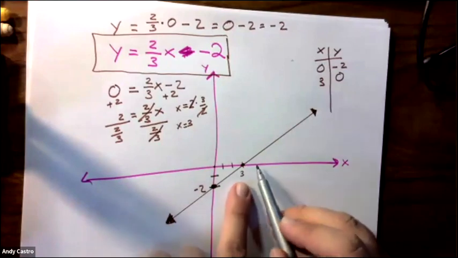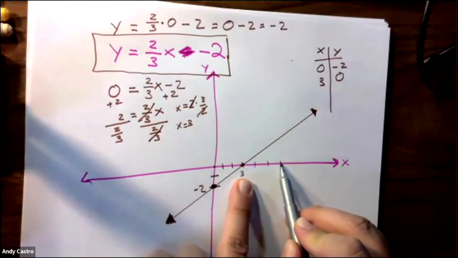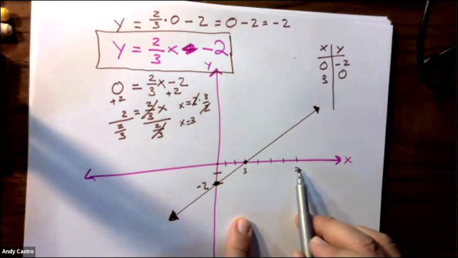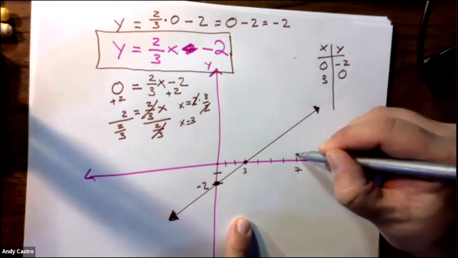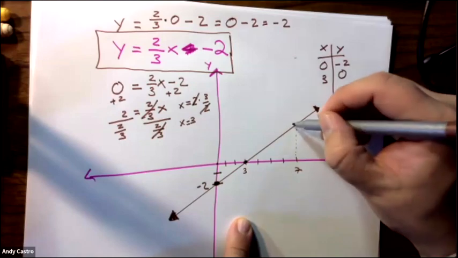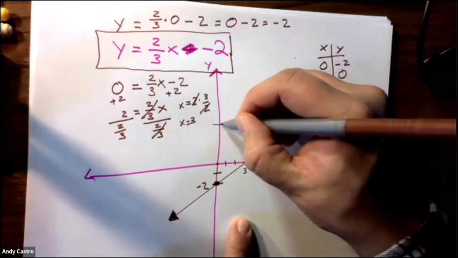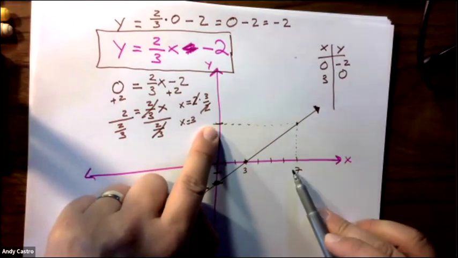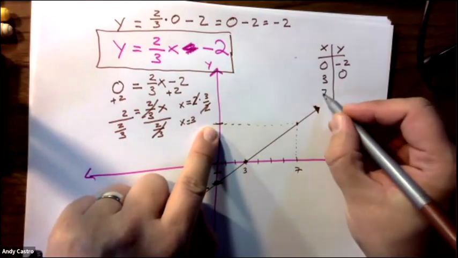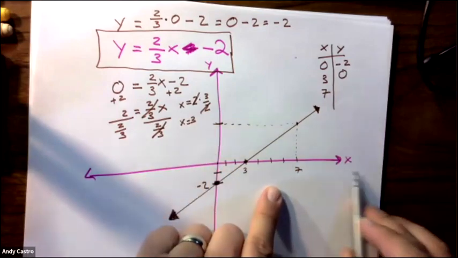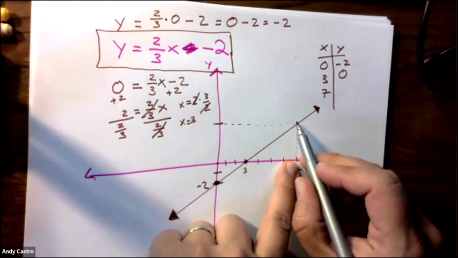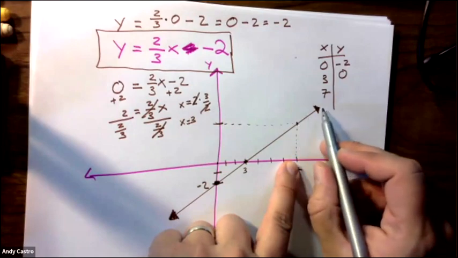What that means is if I go over here to 4, 5, 6, let's say 7, there exists a number right here on the y-axis. So let's plug in 7 for x. This is my x-axis. So with 7 for x, we're going to see what y it gives me.